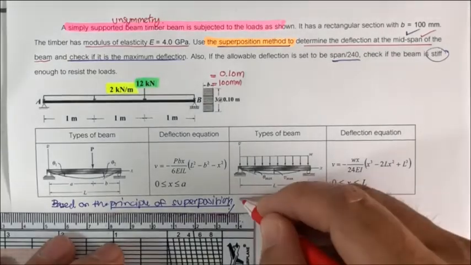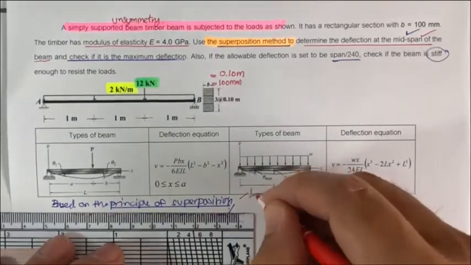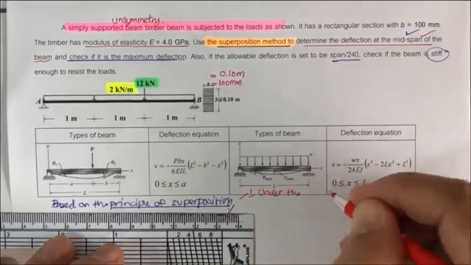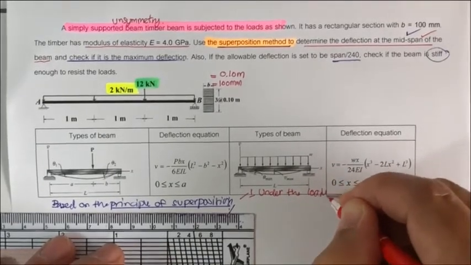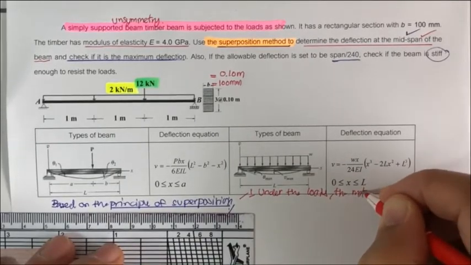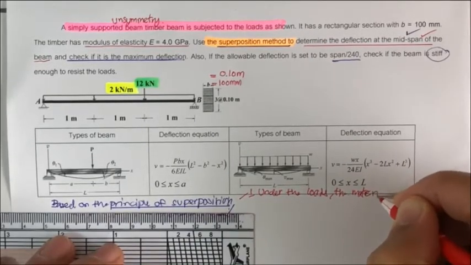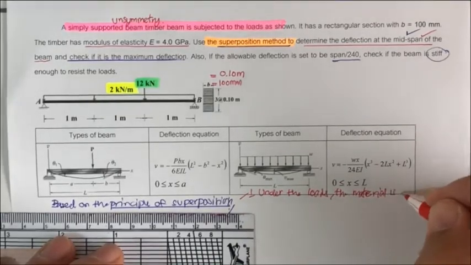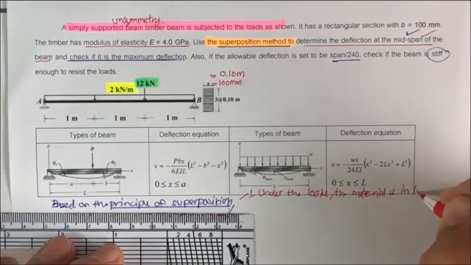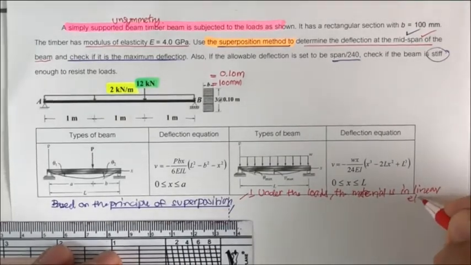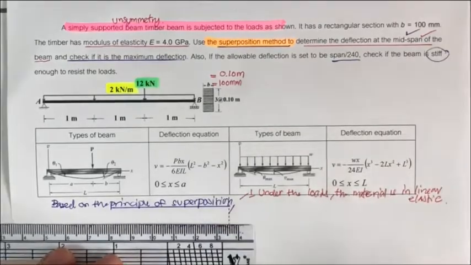First, under the load, the material, or the timber in this condition, is in linear elastic behavior.